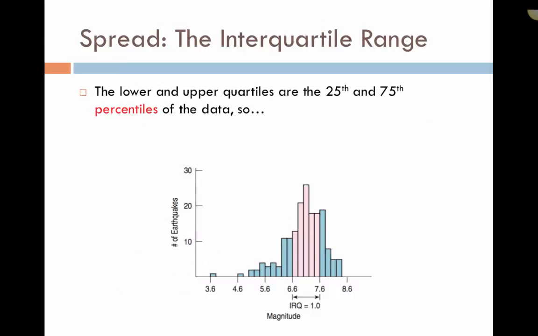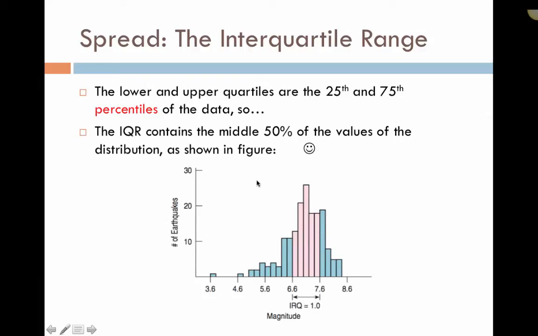The lower and upper quartiles are the 25th and 75th percentiles. So looking at this histogram below, we have the lower blue part, which represents the bottom 25%, and this upper blue part, which represents the top 25%. The pink part in the middle is our middle 50% and our IQR.